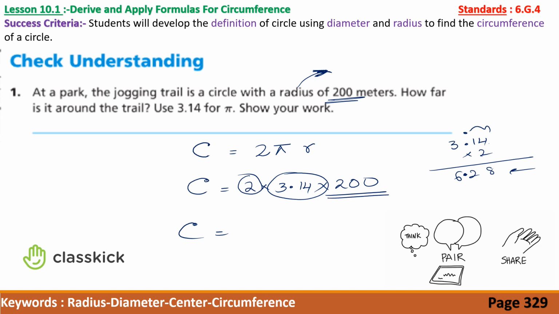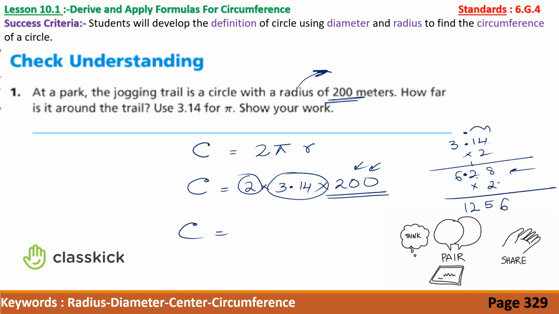Ignore the 0, only multiply by the 2 and put this 0 at the end. Or if you want to write it, let's make it 2 times 8, 16. So 6, 1 carry, 2 times 2, 4 plus 1, 5. And 2 times 6 is 12.